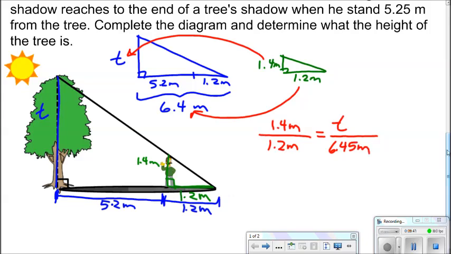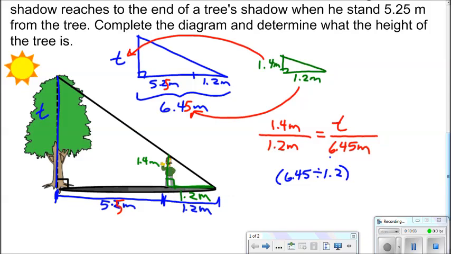So again, we set up two equivalent fractions, and we need to figure out what scale is used to make those. Oh, here we go. That's where I'm fixing my mistake. So we need to find out what scale factor is used to make sure that those are consistent. So using the 1.2 meters and the 6.45 meters, we need to figure out what the scale factor is.